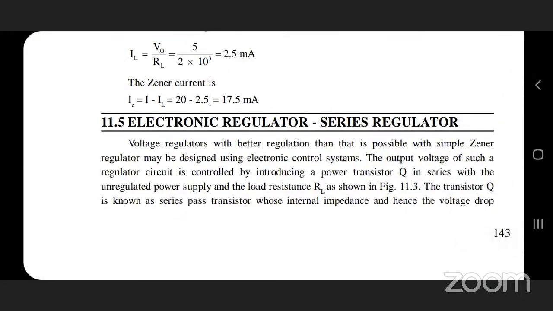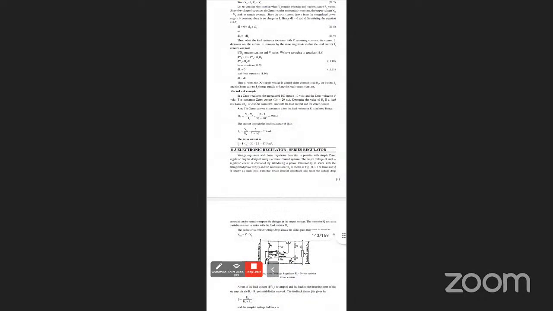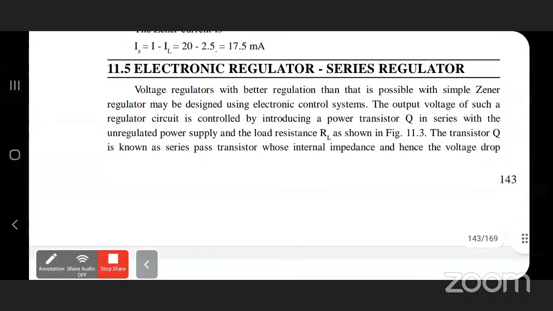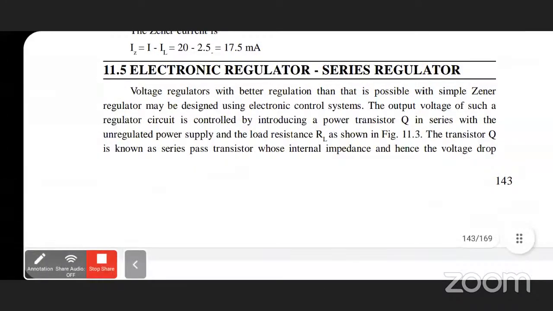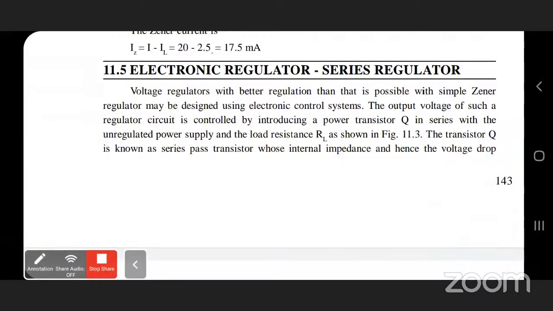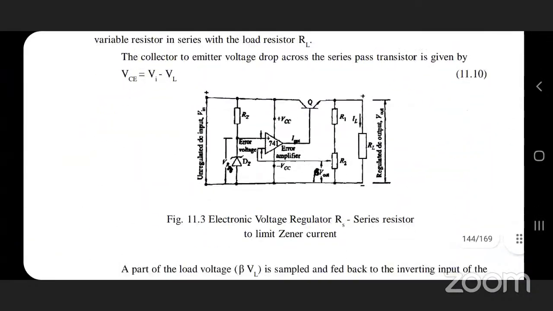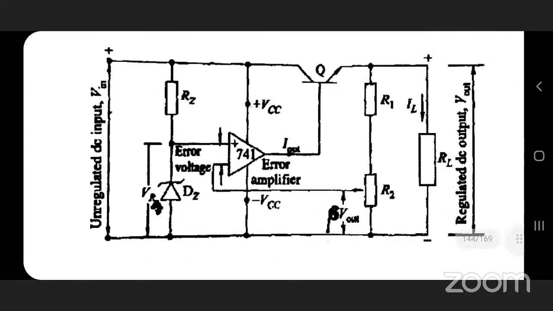Electronic regulator and also series regulator. What is the figure here? On the left hand side an unregulated DC supply is there, and at the output section we get a regulated DC supply.